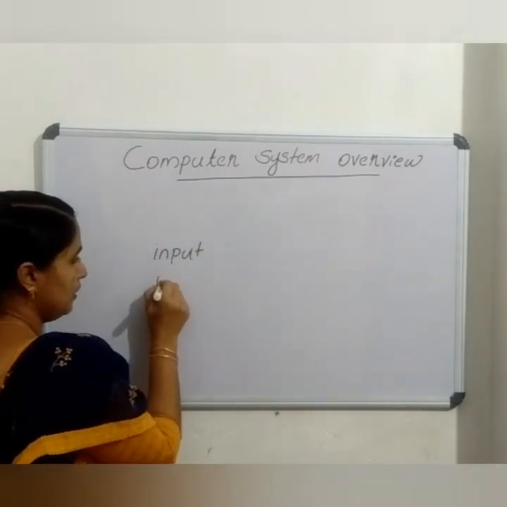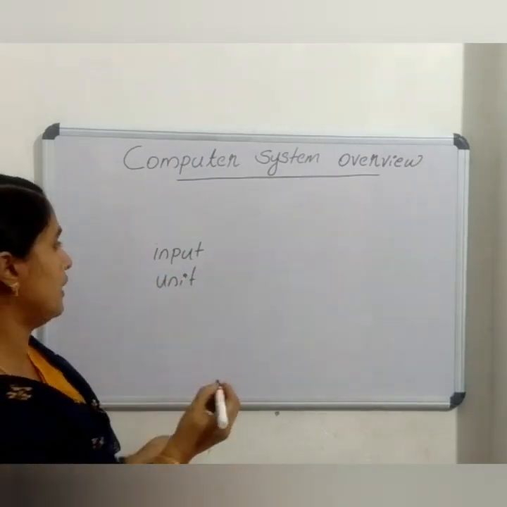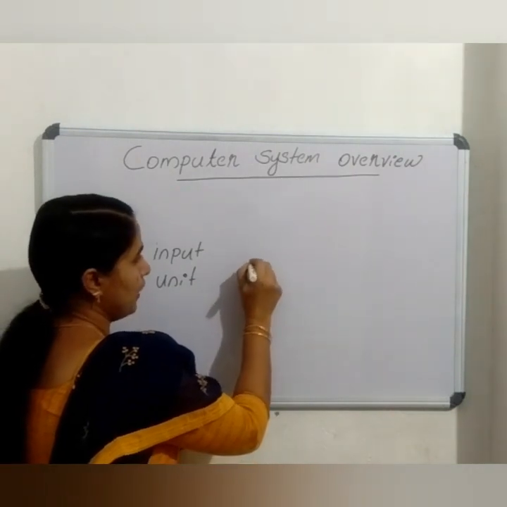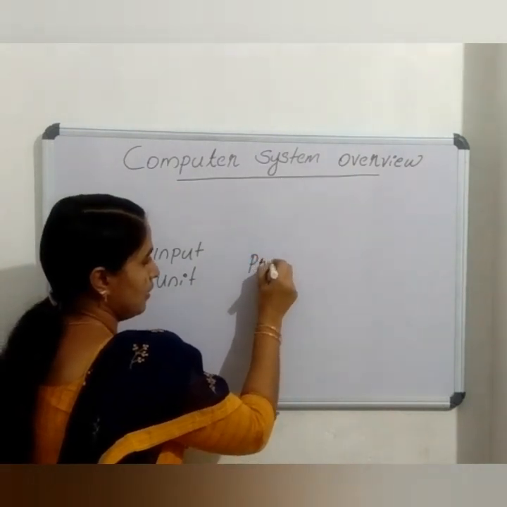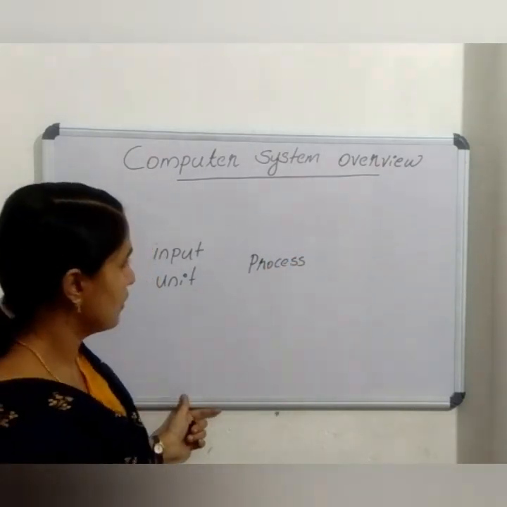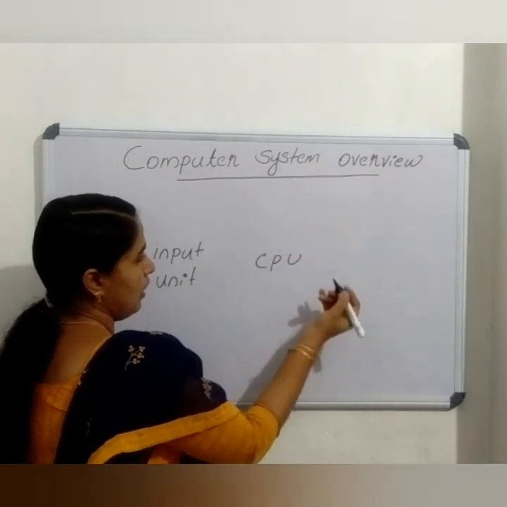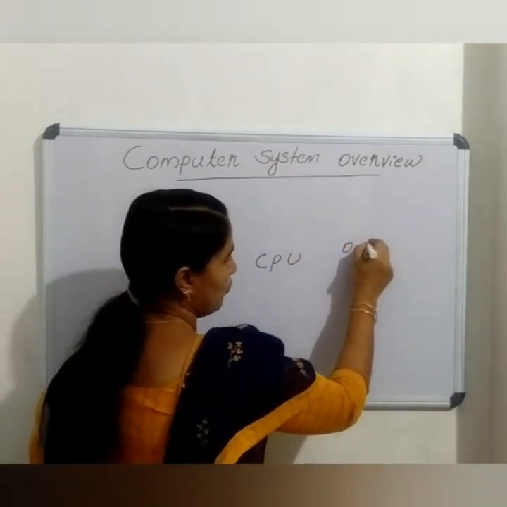So for a computer, there are three units actually. One is the input unit, then process, actually the process is done in the CPU, and the next is the output unit.